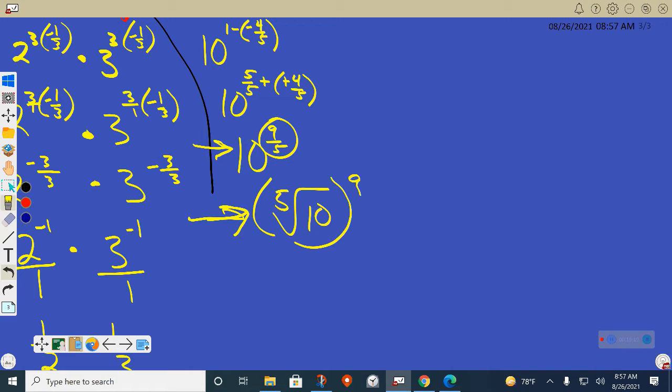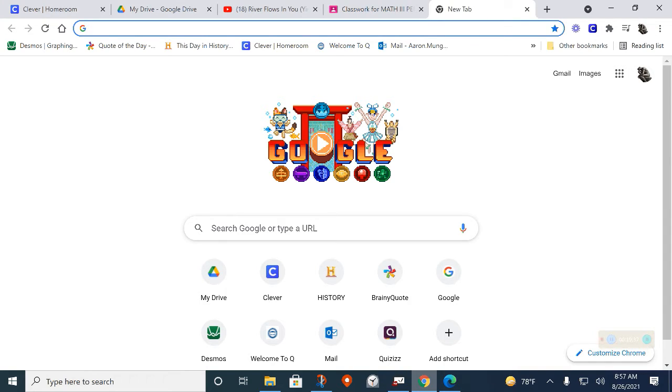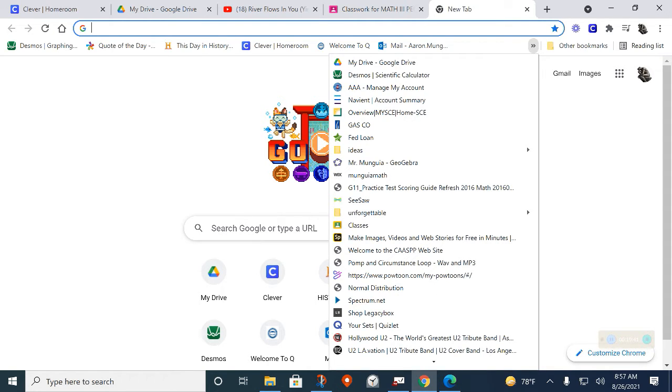Go back to C21 and review that. The numerator becomes a power and the denominator becomes the index. That's Monday's lesson, you guys. So now I'm just going to type this in my calculator and see what we get: the 5th root of 10 to the 9th power. 63.11.